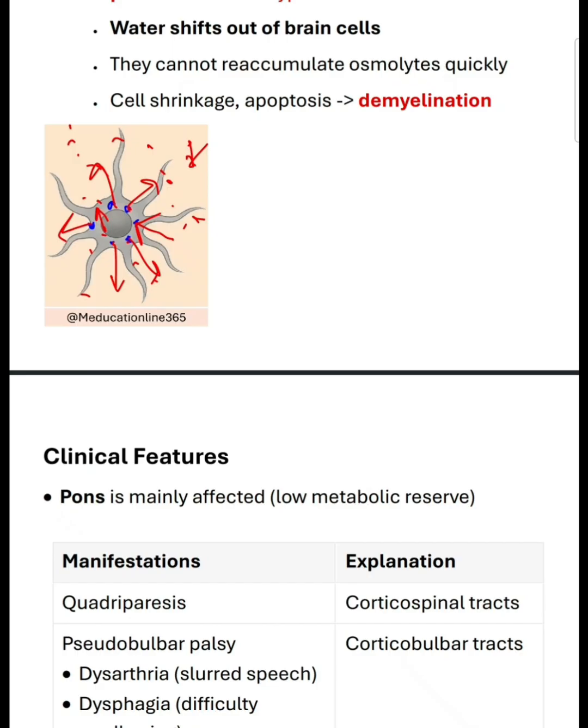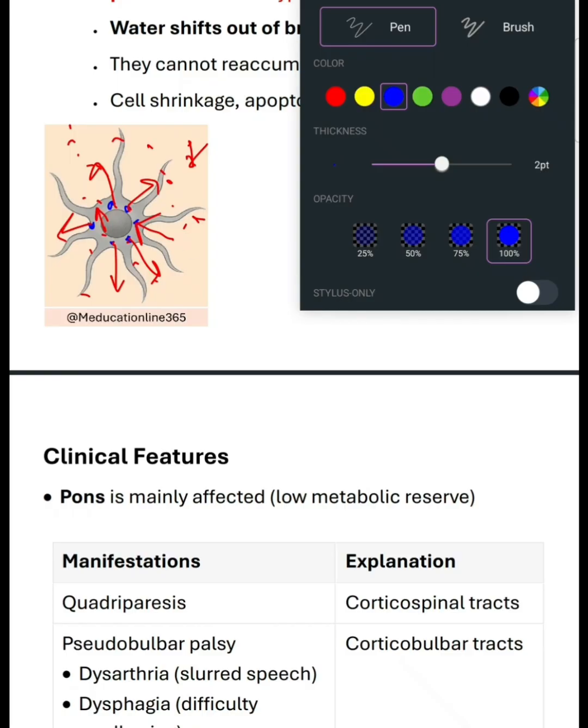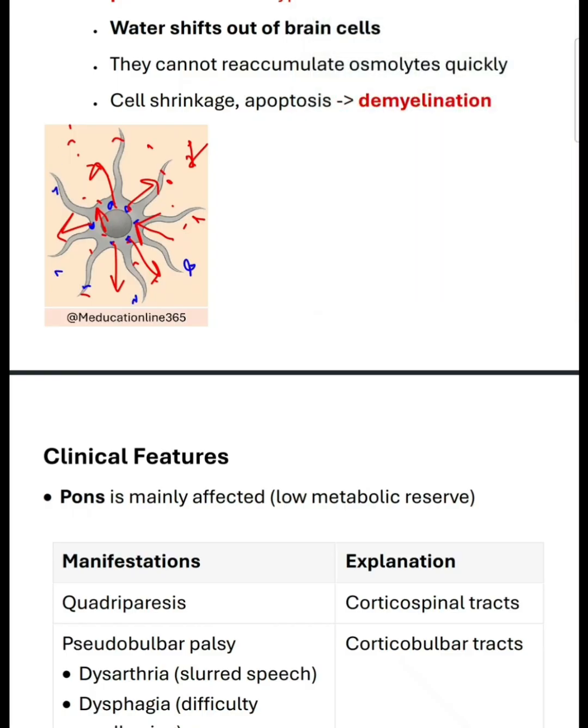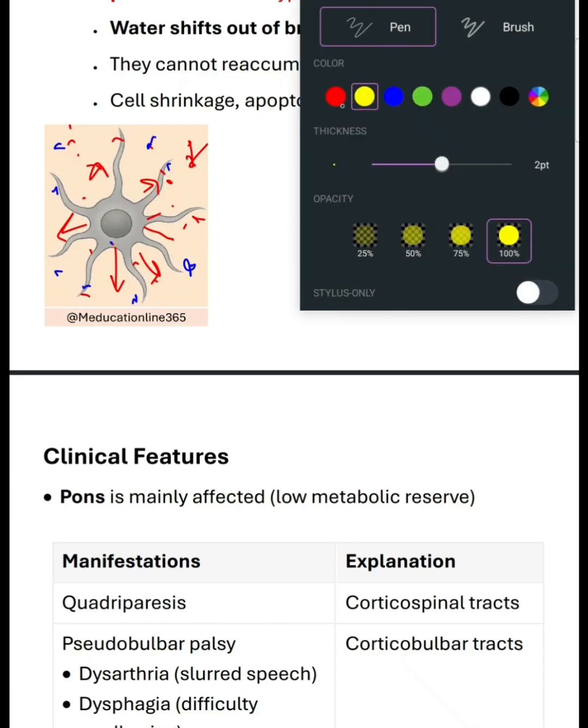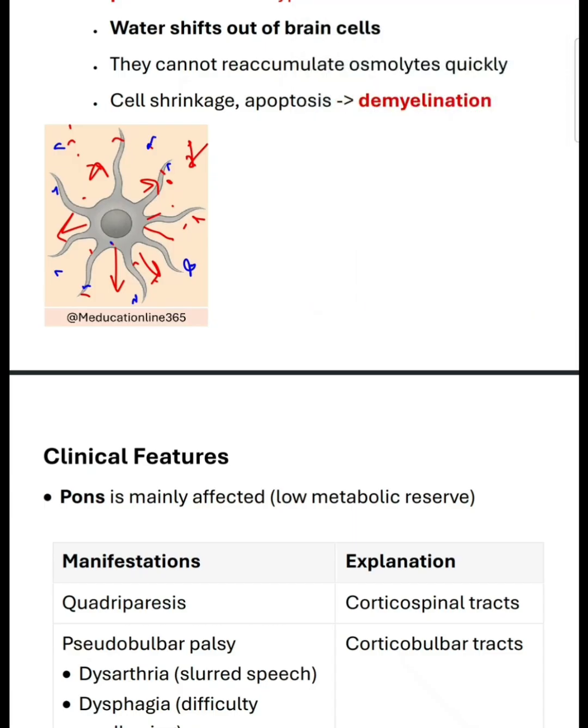Let me show the organic solutes outside, and let's remove them from inside, right? That is what is happening, and by doing that, the cell will bring down the osmolarity of the intracellular fluid.